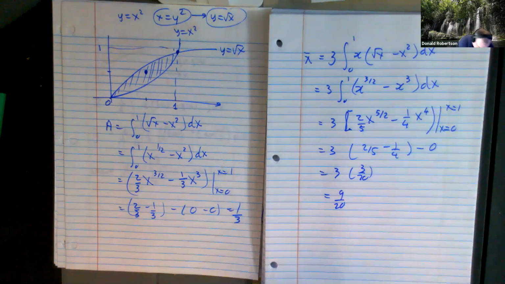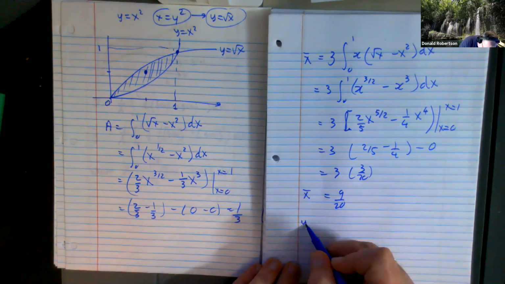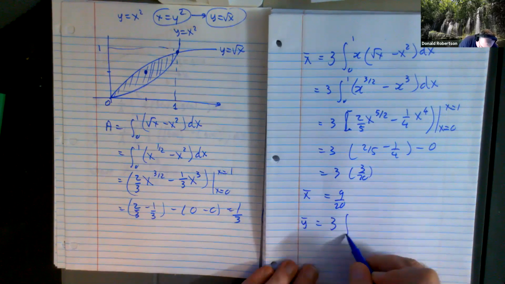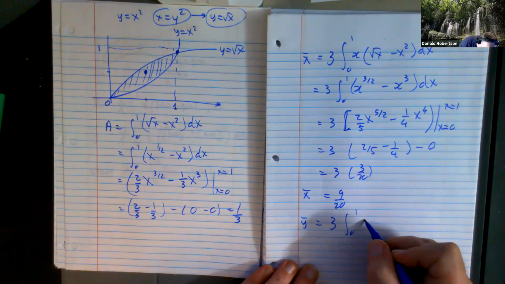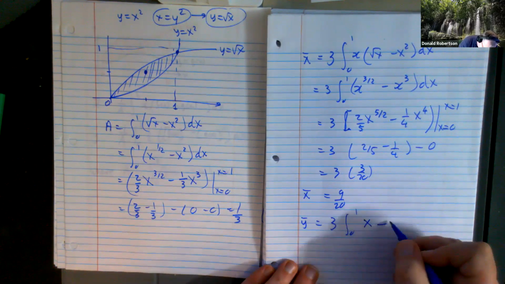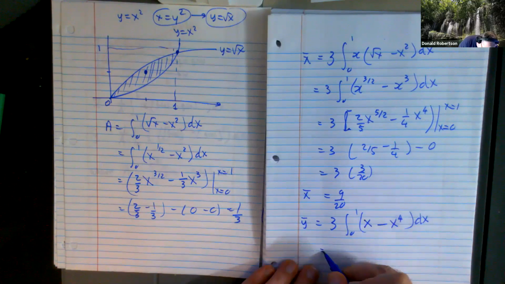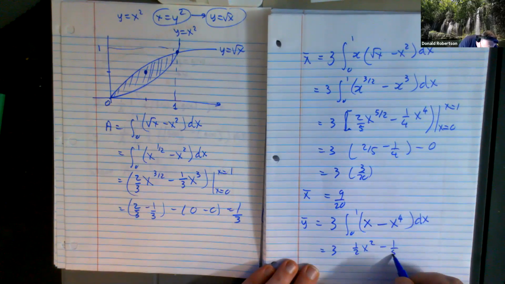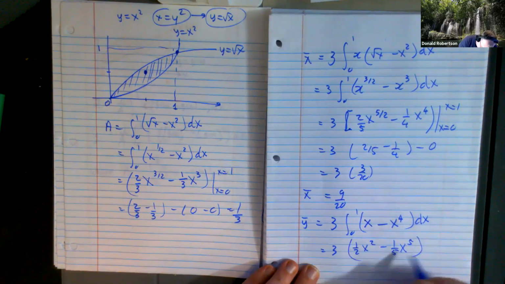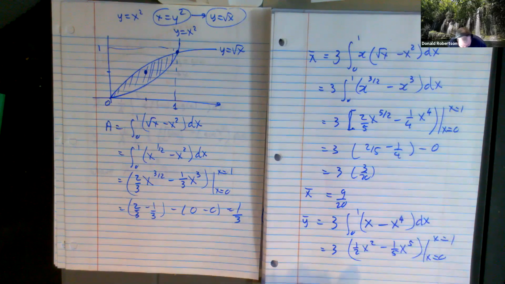That seems reasonable. And to get Y bar then, it's first guy squared. Well, if you take the square root and you square it, you get that. The other guy, when you square it, you get that. So it's 1/2 X squared, take away 1/5 X to the 5, from 0 to 1, and that gets you a half, and that gets you a fifth.